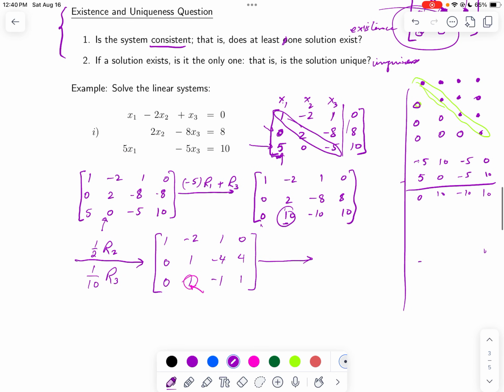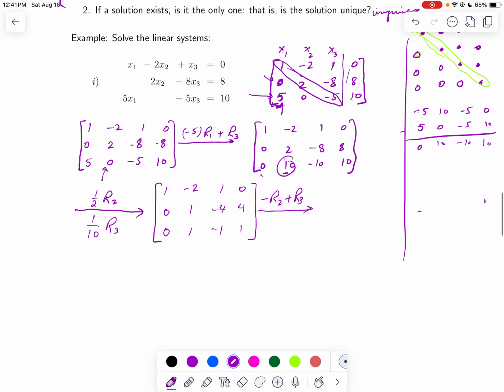I have the third row, so I am going to add a multiple of the second row to the third row. Which multiple? Because I have 1 and 1 here, I need one of them to be negative, which is this second row. So I'm multiplying the second row by negative 1, and then I'm adding it to the third row.